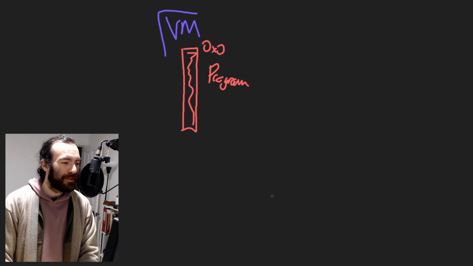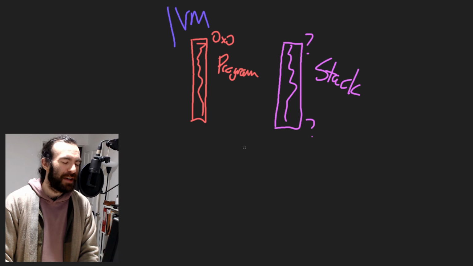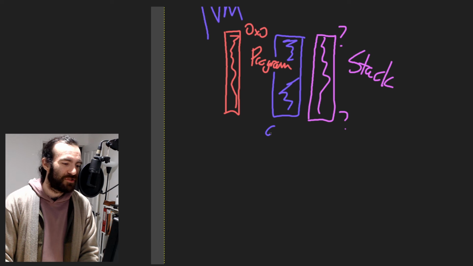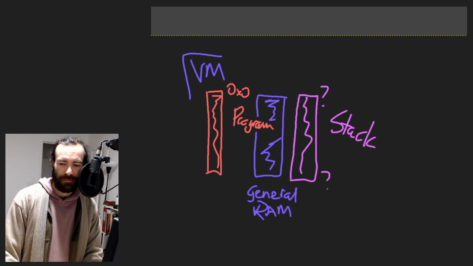We then have some other section of memory which starts somewhere and ends somewhere, and this is our stack. And then we have all this stuff in between, that is just our general RAM. This is a very simple view of memory.